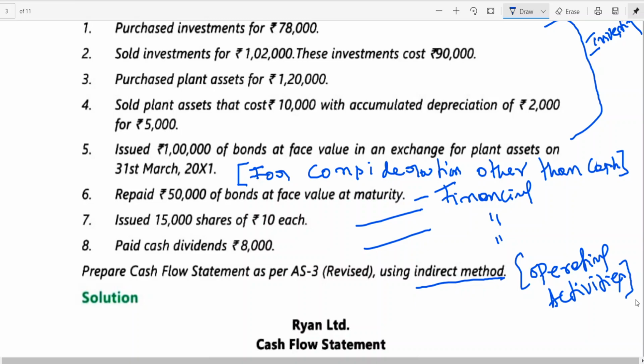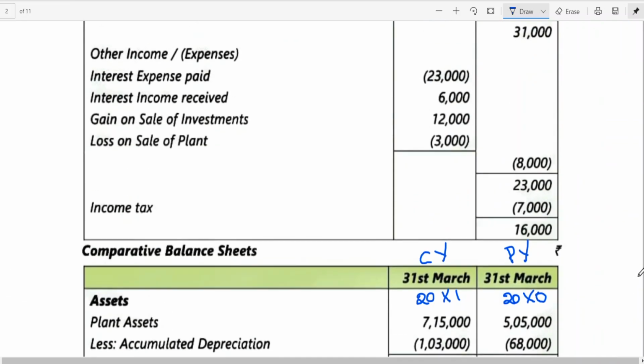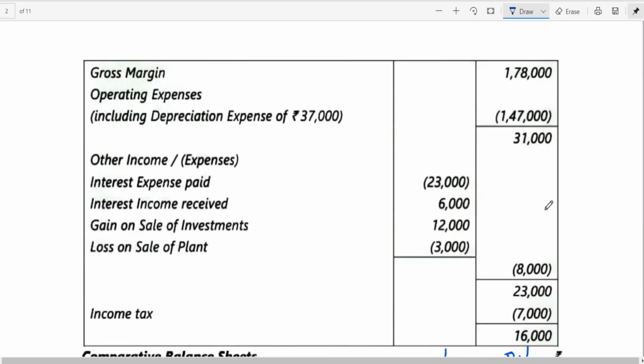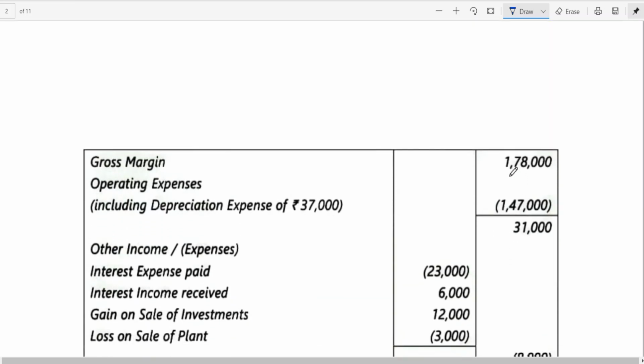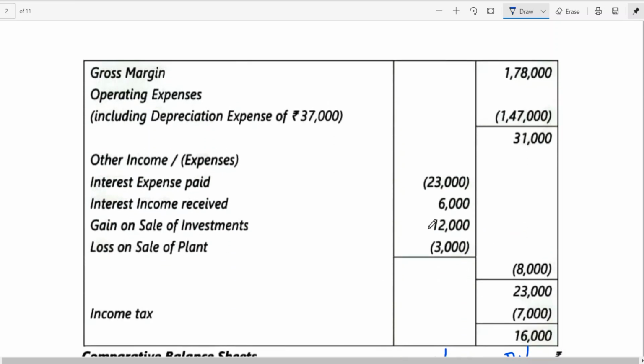Net profit, if you look into the problem here, we have seen sales minus cost of goods sold, gross margin, gross profit, operating expenses 31,000, other income and expenses.